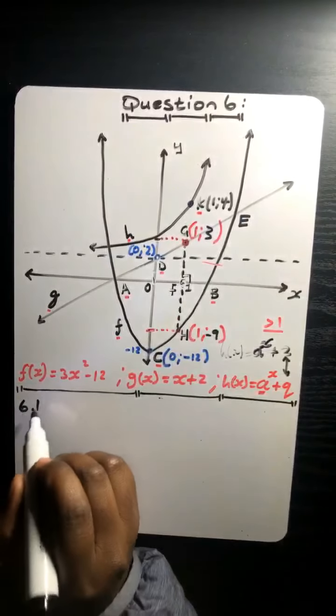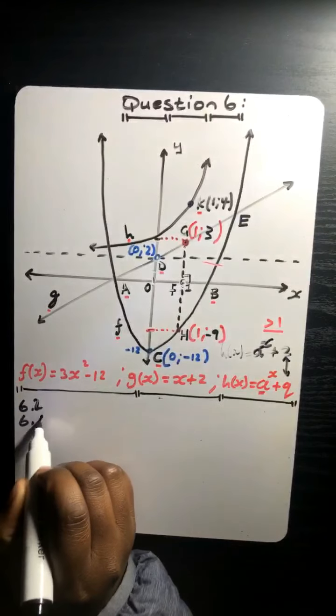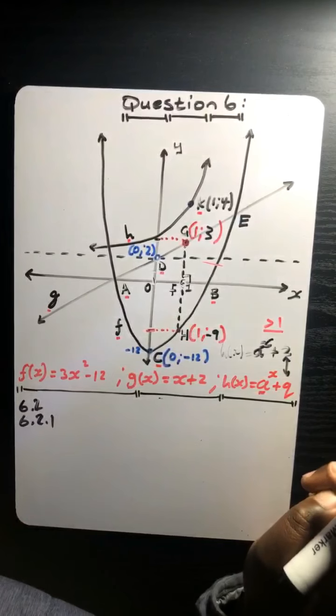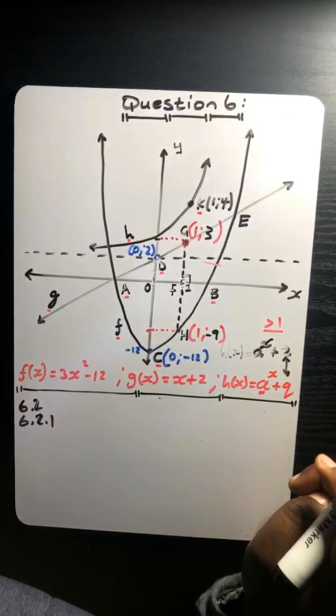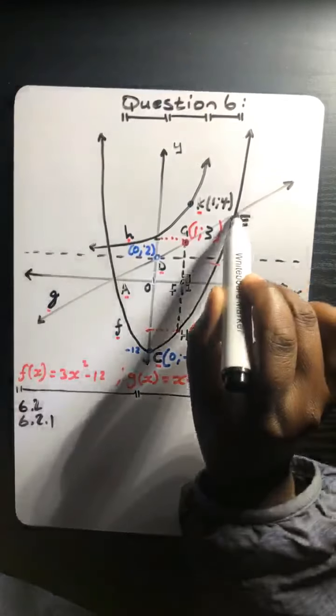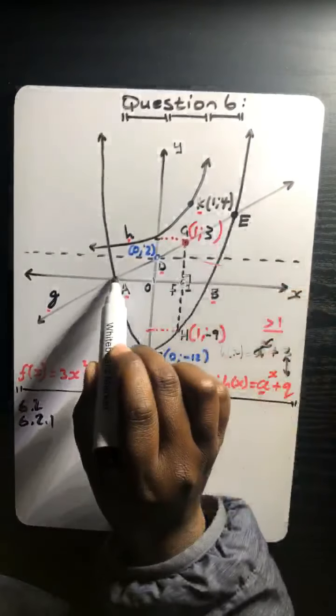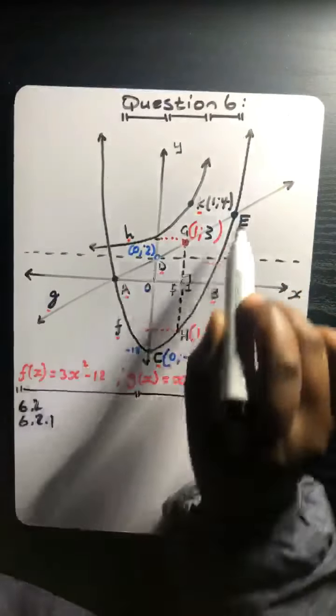So let's see 6.2. We've got 6.2.1, which says determine the coordinates of E, the point of intersection of F and G. So can you guys see where E is? There it is, E. What do we know about that point E, guys?